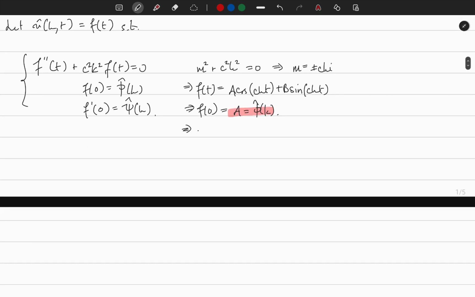If we differentiate f of t, we will get minus a sine ckt. By the chain rule, we have to multiply by the derivative of the inside, so that's ck, plus b ck cosine ckt. This is equal to psi hat of k.